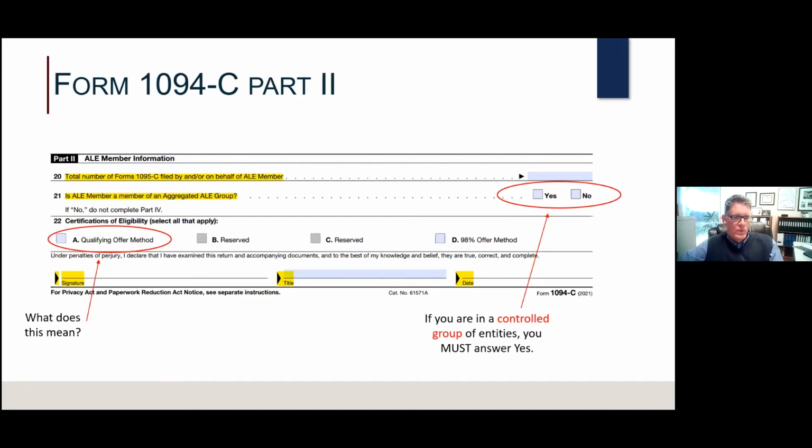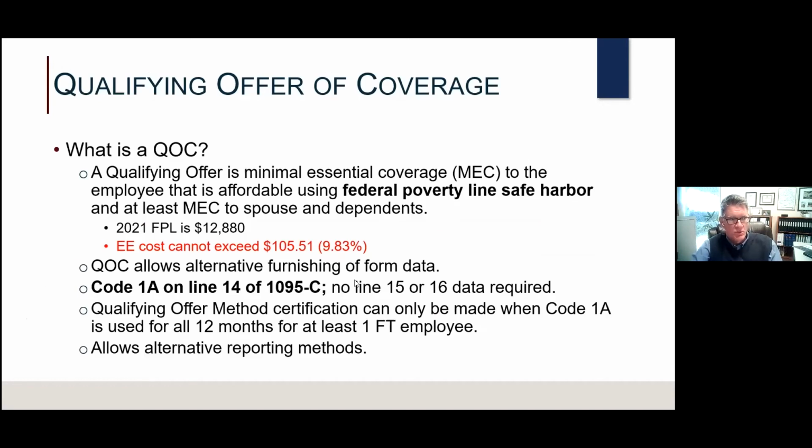So the takeaway here is, if you're using code 1A on your forms, you have to check this box to alert the IRS that you're using qualifying offer reporting. If you are not seeing 1A on any of your forms, this box stays unchecked. And the primary driver is the cost of coverage to your employees.